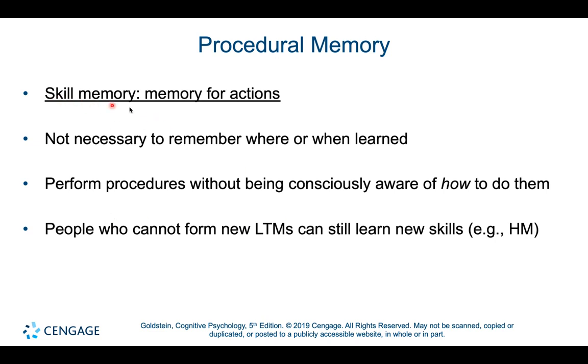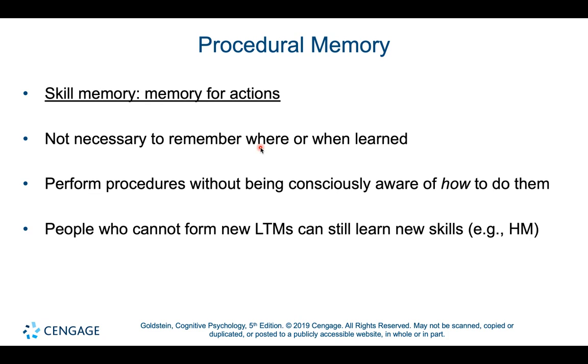So skill memory is another way that we can think of procedural memory, right? Memory for actions, like we discussed, being an expert in a sport or an instrument. It's not necessary, actually, for you to remember when or where you learned any of those actions. So once you learn how to play the guitar, it doesn't matter who taught you to play the guitar.